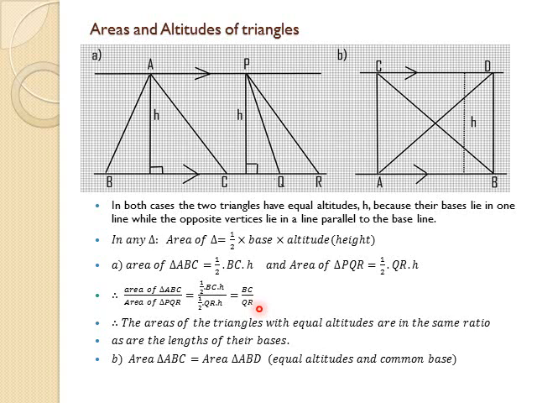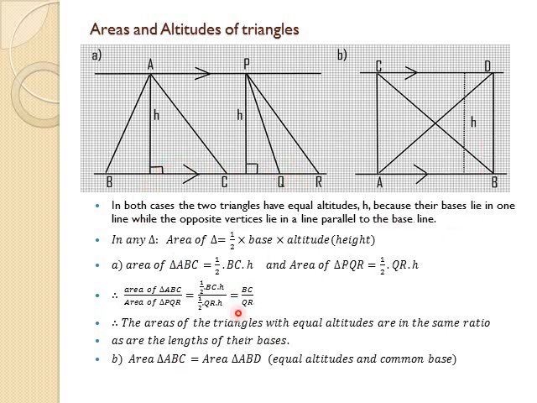So, a basic rule: areas of triangles with equal altitudes are in the same ratio as the lengths of their bases. So BC over QR.